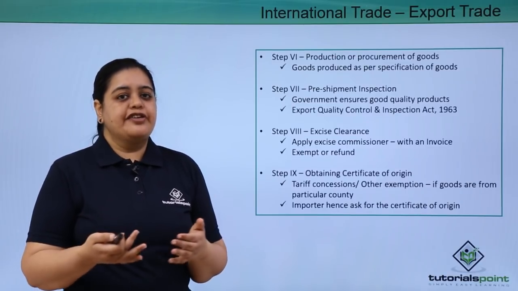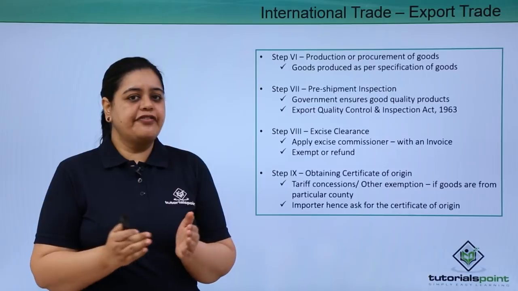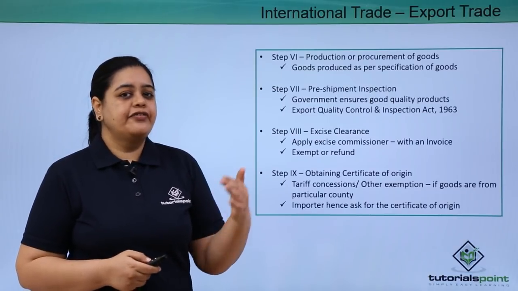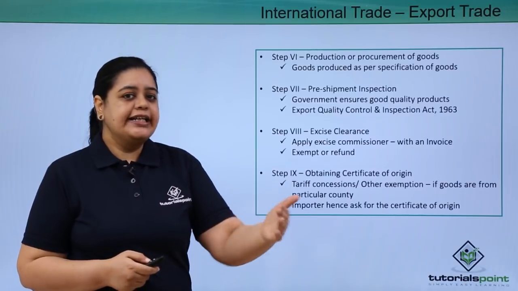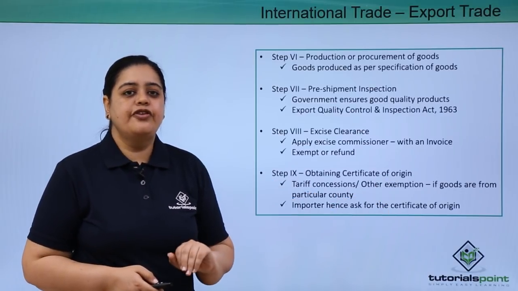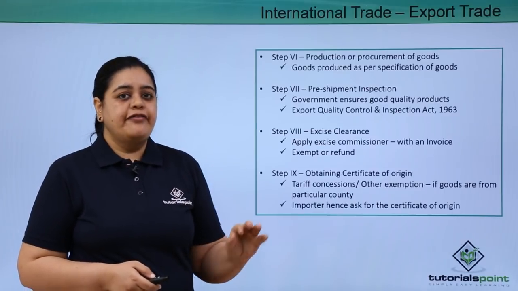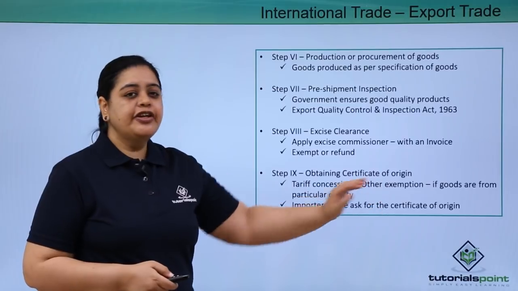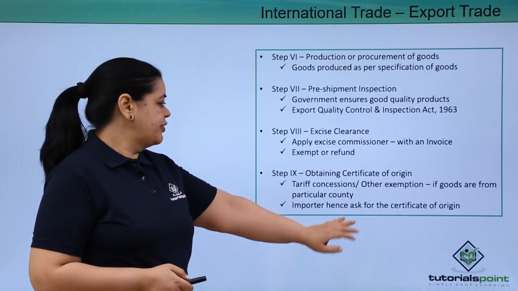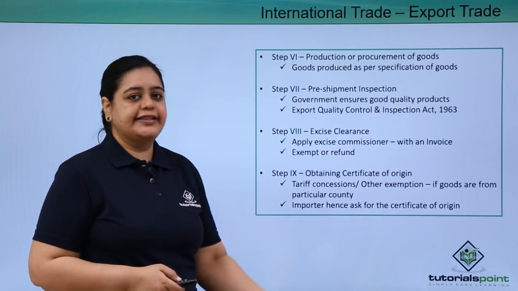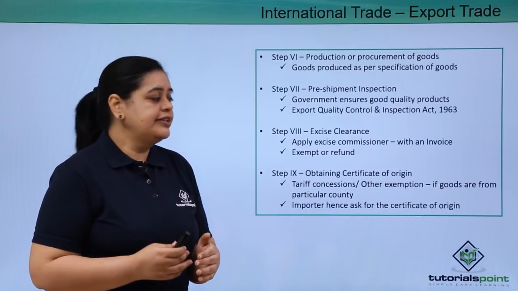Remember, I told you if you are manufacturing the goods, a certificate of origin would be issued, stating that the goods are coming from this country, that is India. So here you will have to obtain a certificate of origin. Apart from telling from which place the goods are coming, the certificate of origin becomes necessary because you get various tariff concessions or exemptions which are laid down by the government.